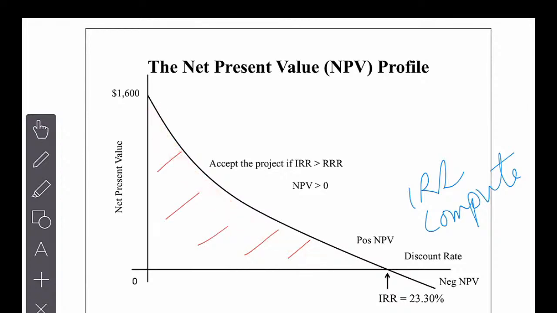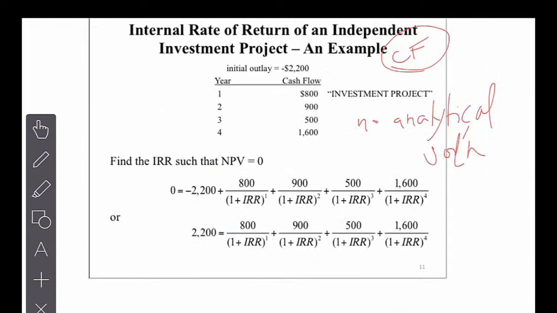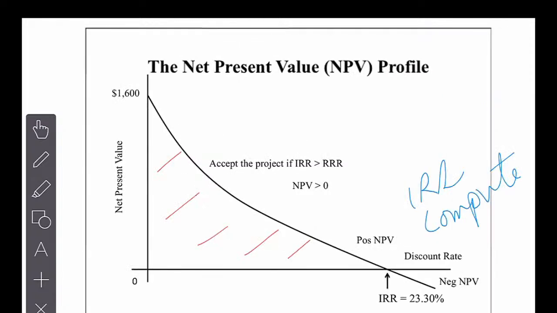Okay? So the internal rate of return tells you the threshold. To break even, the discount rate should be 23.3. So after that, you're going to lose.